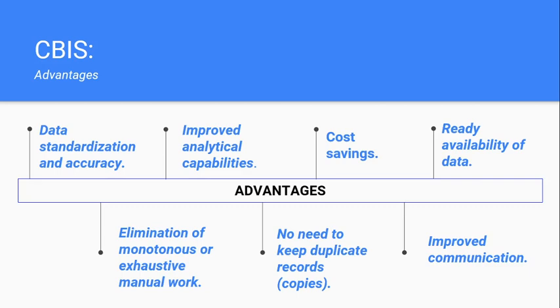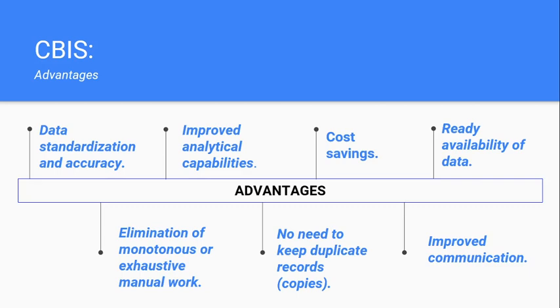Next, there is no need to keep duplicate records or copies, thereby reducing the number of files stored in the system. So the storage space can be optimized, right? Next, cost savings.